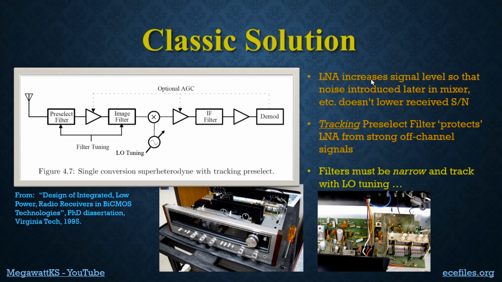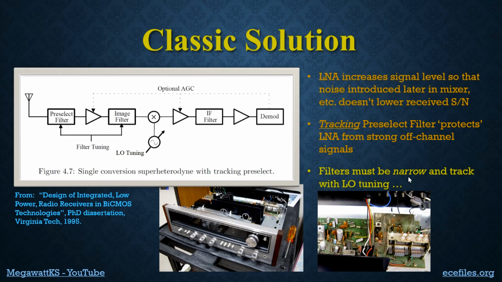So the LNA is needed, and this one has a pretty good low noise amplifier in it with a low noise figure. But it has the tracking preselect filter that protects the LNA from strong, not out of band, but off channel signals. As long as your interferer is a few megahertz away, then it's going to get attenuated in this architecture.